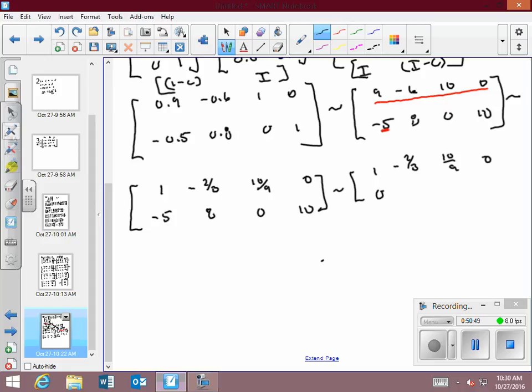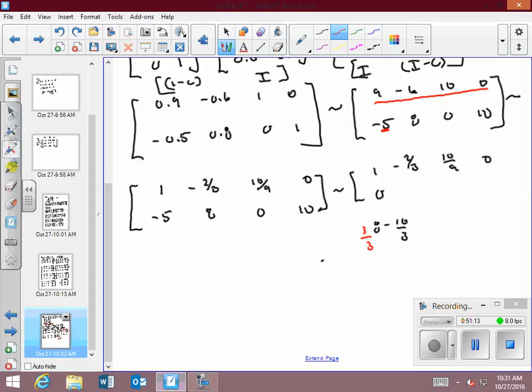So that's a minus 10 thirds. So it's 8 minus 10 thirds. No matter how we do it, we're going to end up with a mess like this. So it's 8 minus 10 thirds, 3/3.